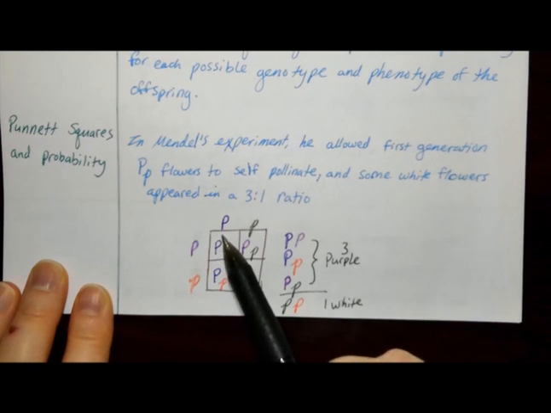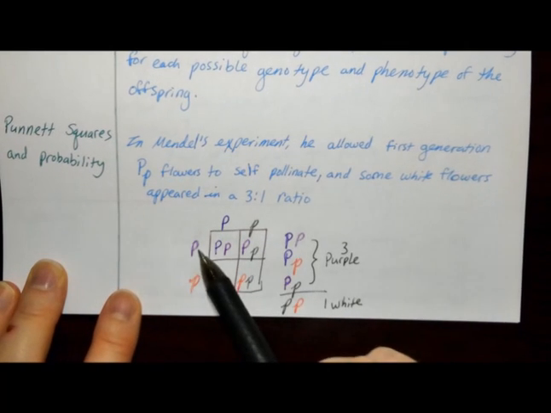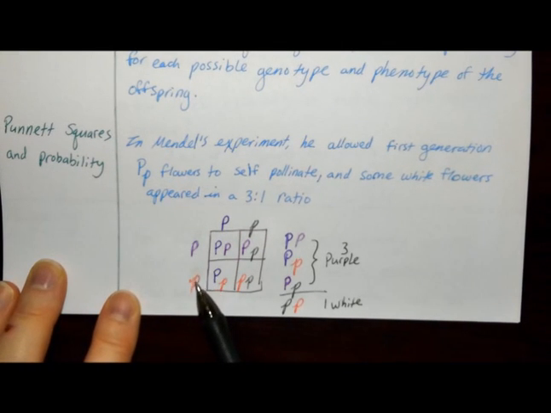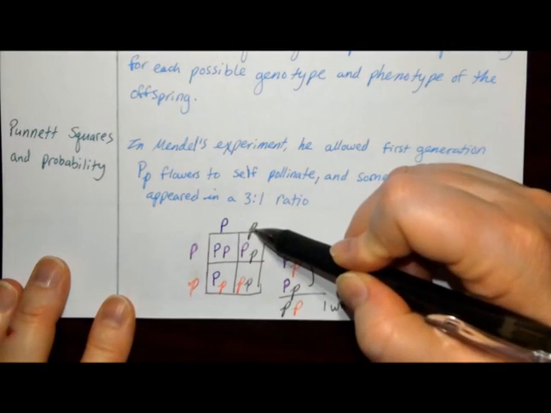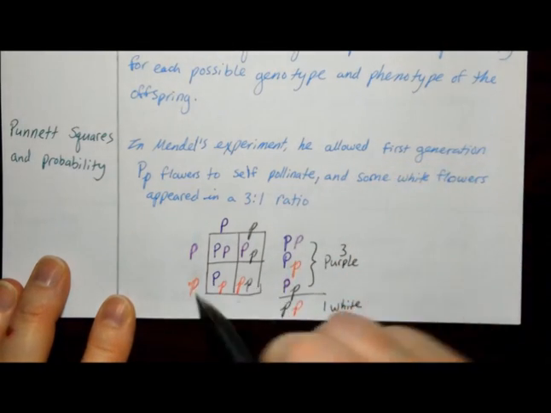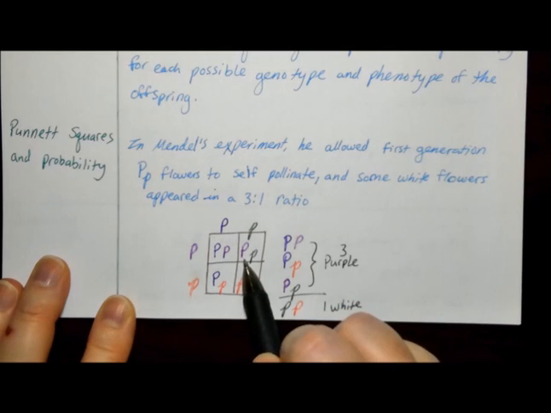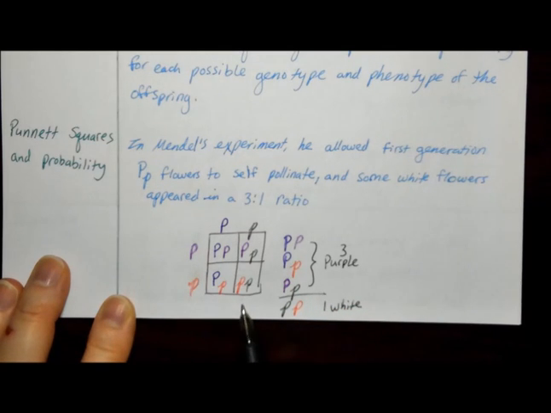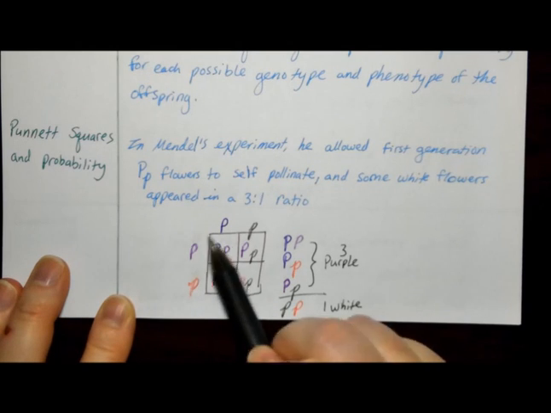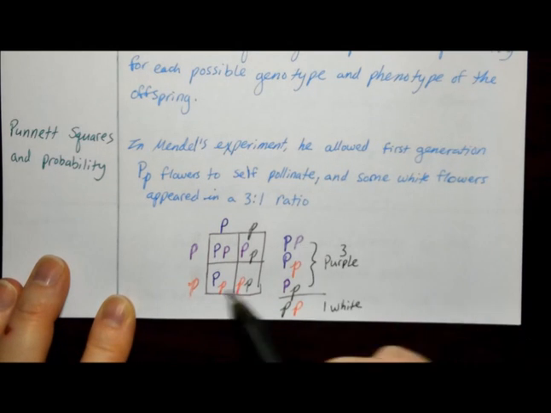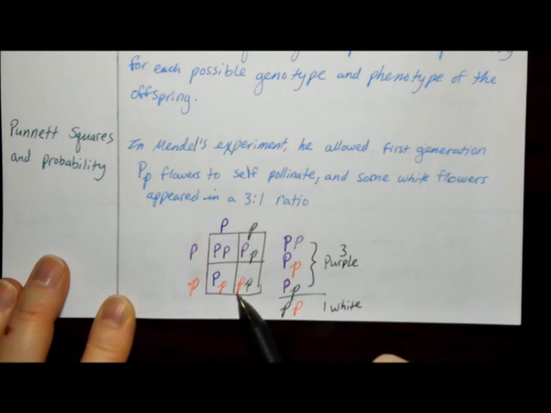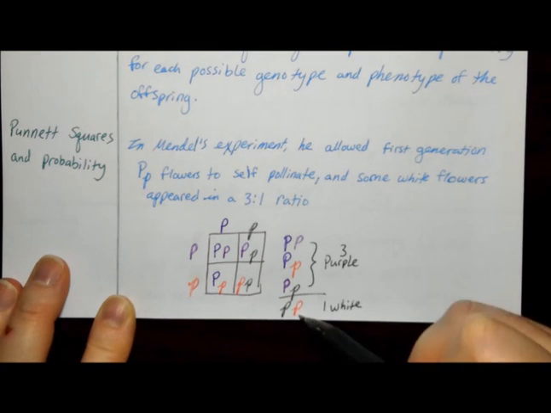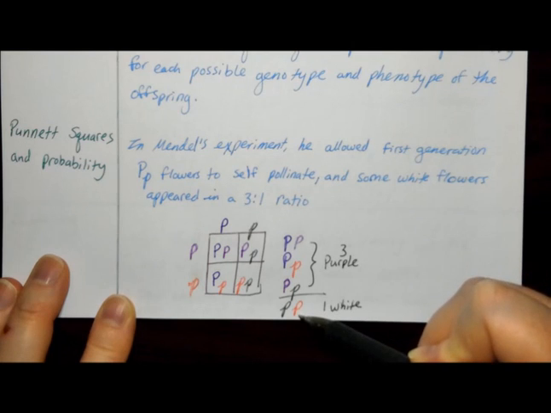So if I take my capital P, lowercase p from before, then I'm going to get a capital P, lowercase p, lowercase p, capital P, lowercase p, lowercase p. So after I fill it all in, I have capital P lowercase p, and capital P lowercase p, so 2 of those. And then I have one set of just my lowercase.